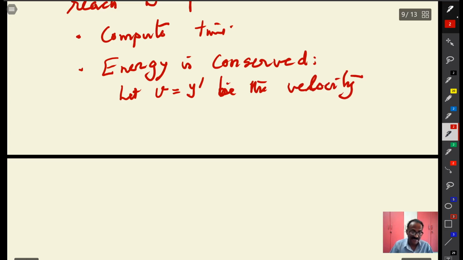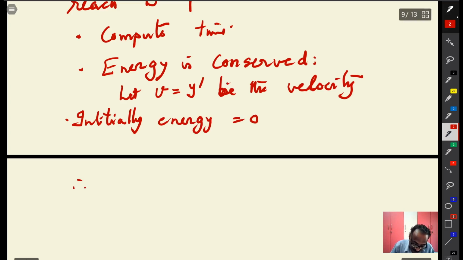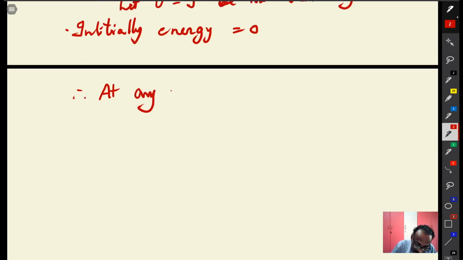So initially the total energy, and y is in the negative direction. To understand, initially the total energy is 0 because there is no kinetic energy and it is moving under the influence of gravity. So at the point A, there is no energy. Initially energy is equal to 0. Therefore, at any x, the total energy is 0.